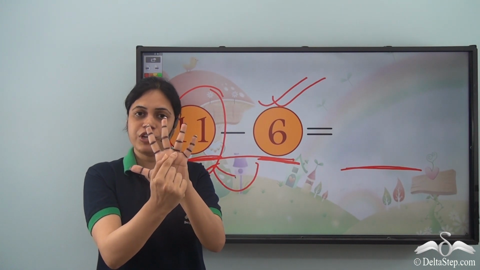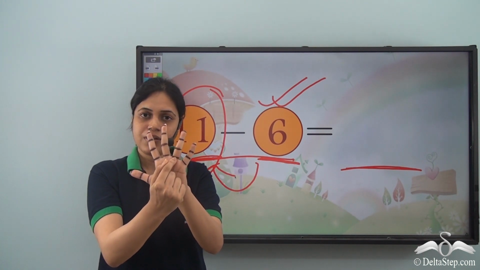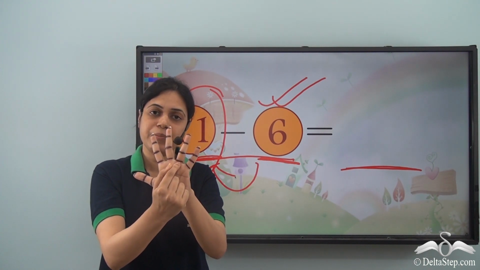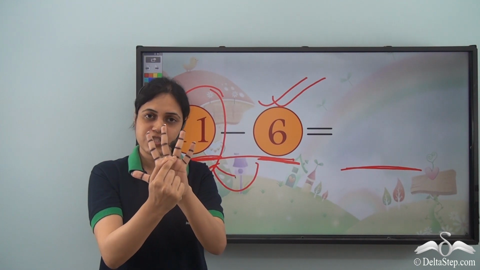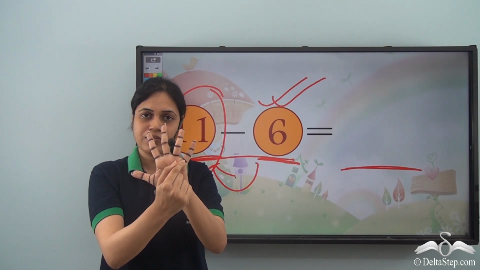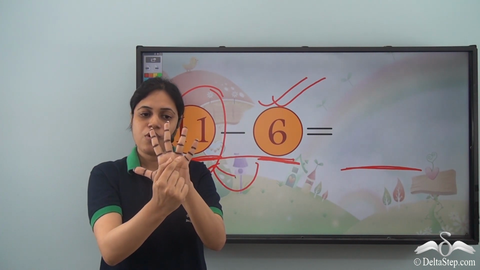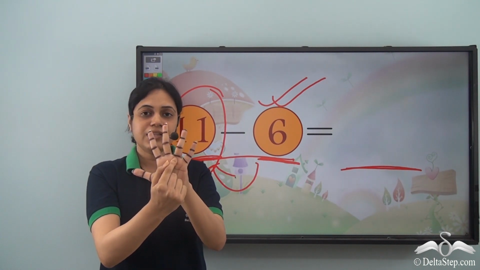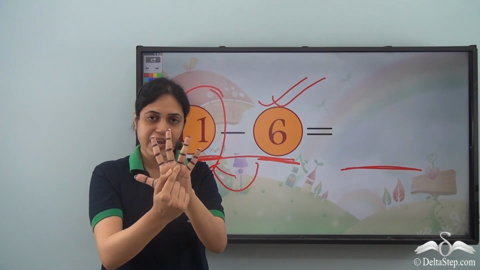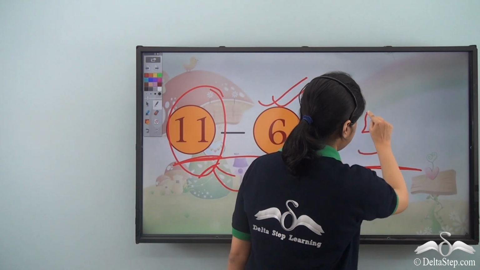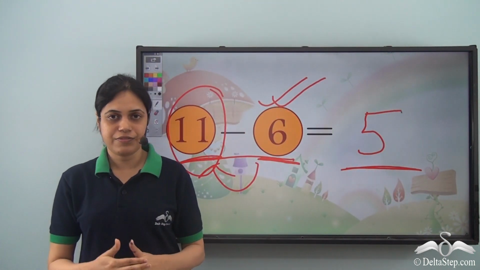So I have reached this finger mark and now count from 1 to see what is the finger mark number of this point. So let's do that. 1, 2, 3, 4, 5. This is finger mark number 5. So the answer over here will be 5.